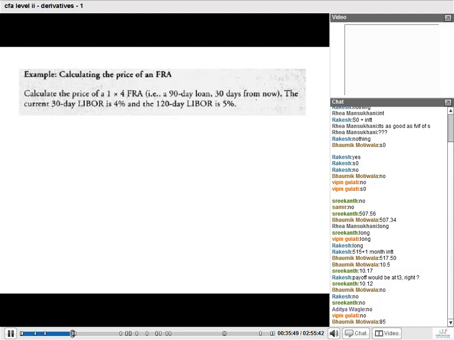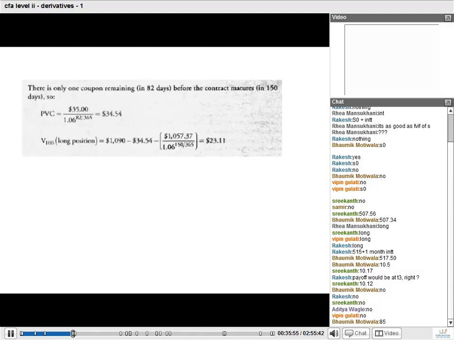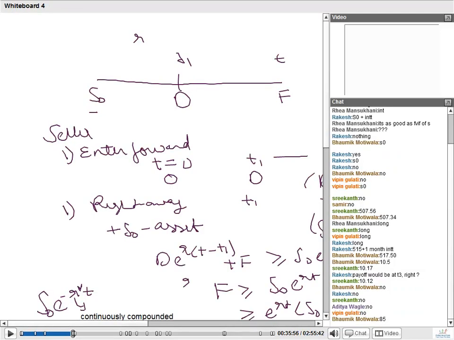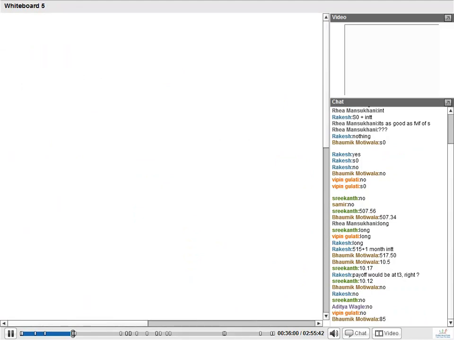Now, LIBOR is calculated as an add-on rate. So let's recall from level 1. LIBOR is the rate that banks have to pay for deposits of a particular maturity. So let's say the 30-day LIBOR is 6%.